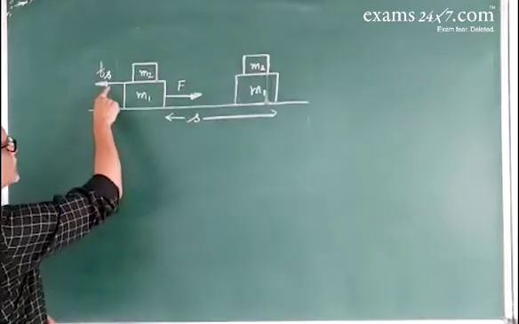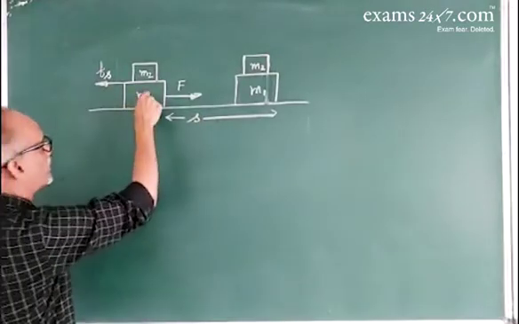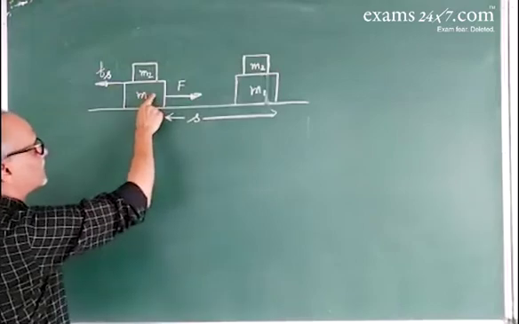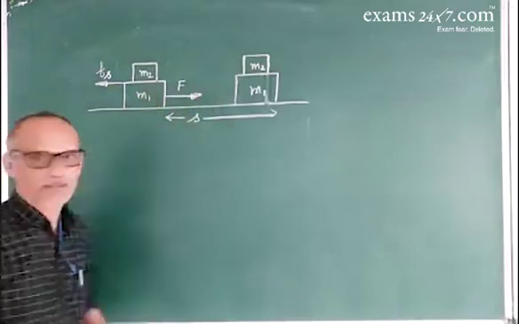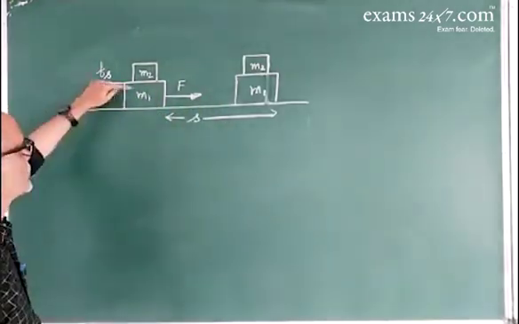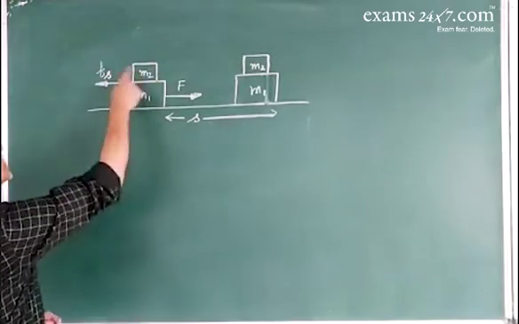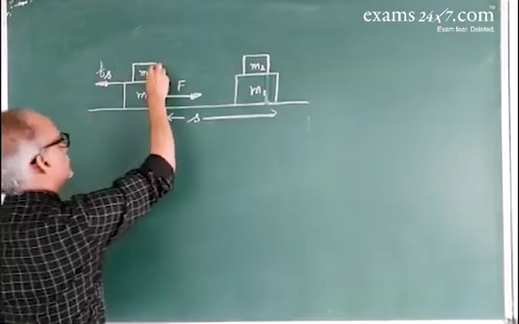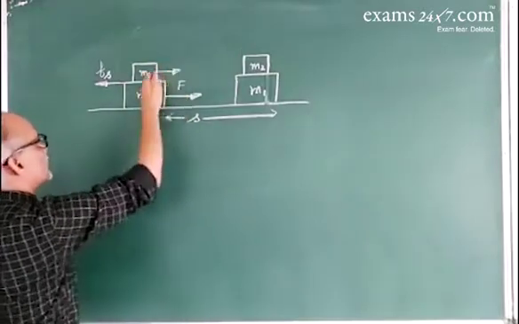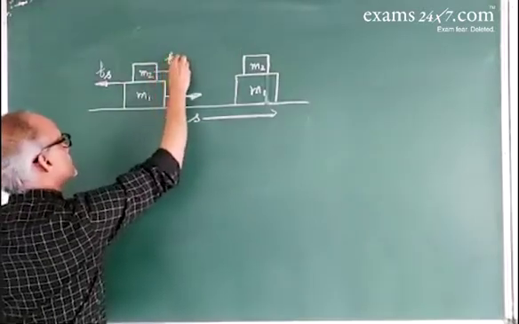So this is the frictional force that acts on M1 because M1 tends to move towards the right. The frictional force that is acting on M2 has to be opposite of this Fs. Therefore, the frictional force on M2 is in this direction.